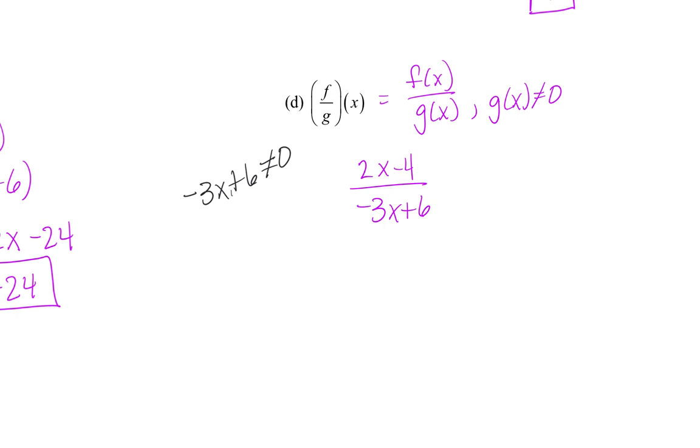If the denominator cannot be 0, so negative 3x cannot be, so x cannot be 2.